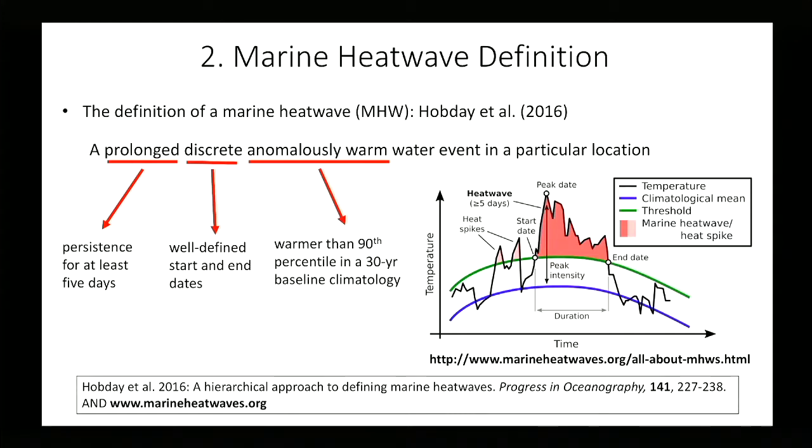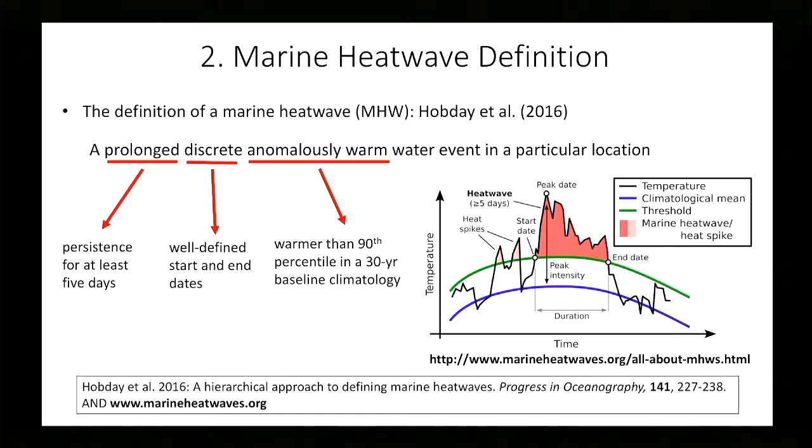In the ocean, because things are a bit more slow, a bit more sluggish, 5 days was the choice. And in this paper here, there are reasons outlined why that 5 days was chosen. It's somewhat arbitrary, but it's sort of characteristic. It's a balance between what would be reasonable to get a good set of data and what we see as an extreme that persists.